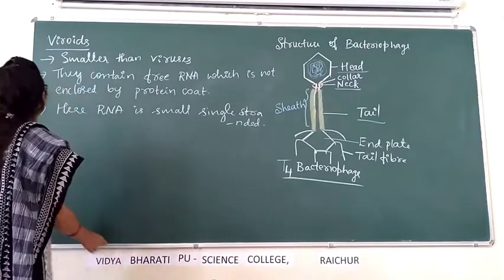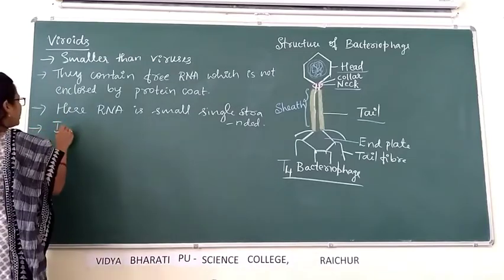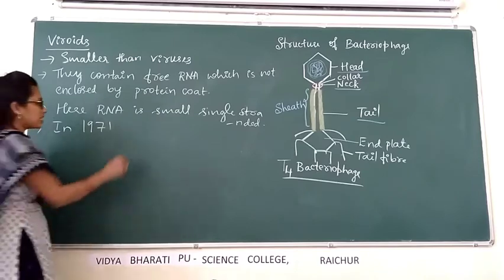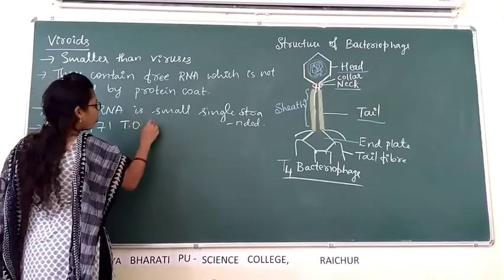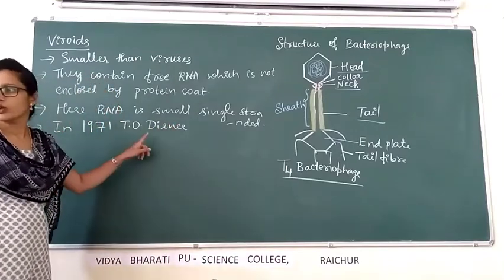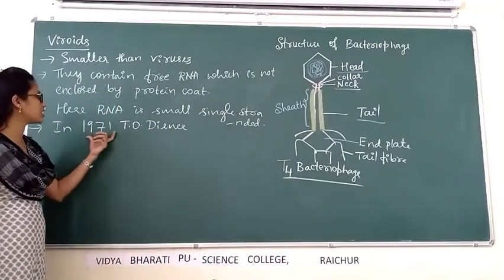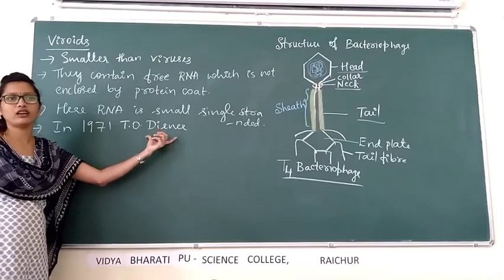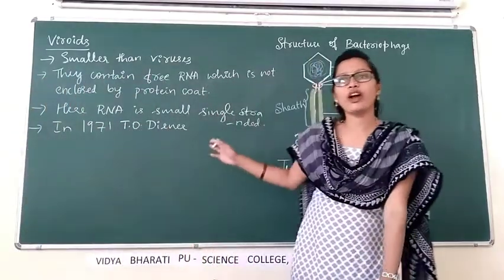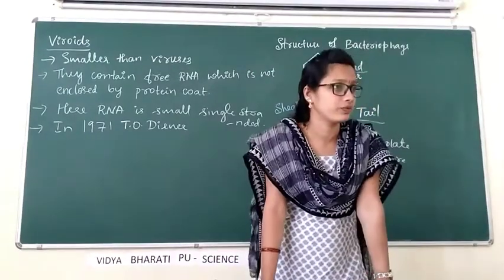For the first time in 1971, Theo Diner discovered viroids, and these viroids can cause disease.